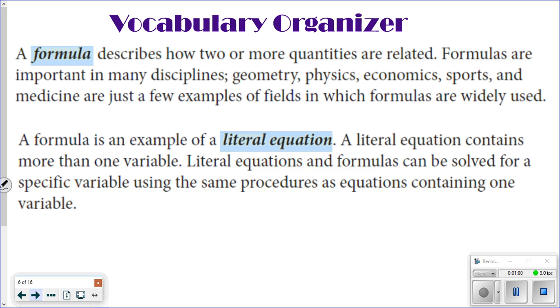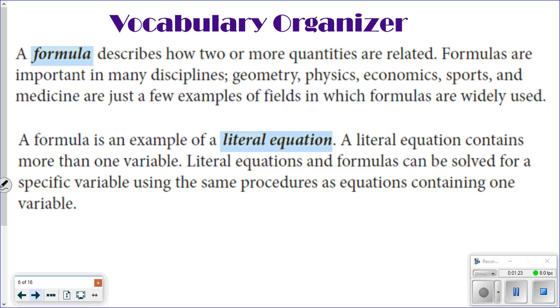We use formulas in many different areas of our lives. For example, in geometry, physics, economics, which is money, sports, medicine. These are all examples of where we use formulas, not to mention Algebra 1 as well.